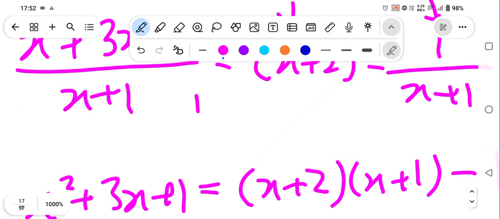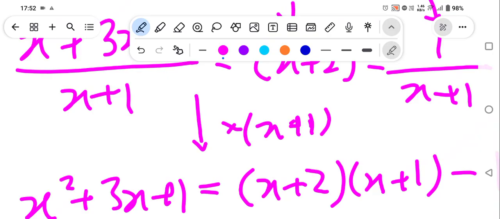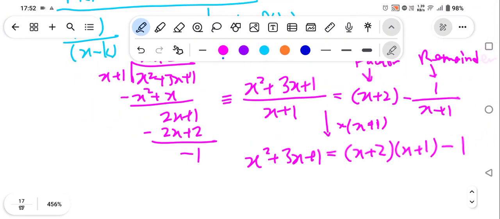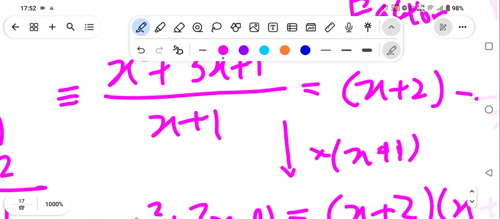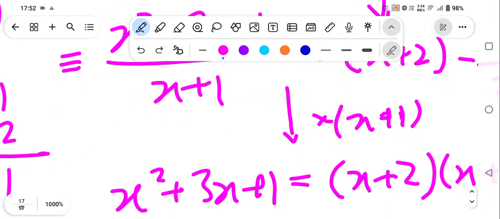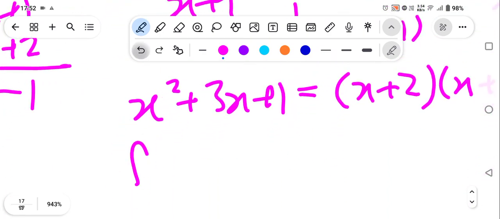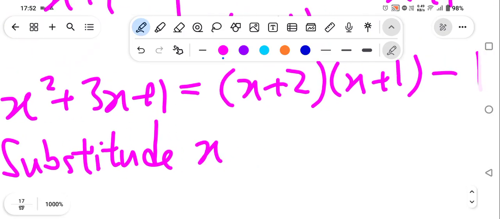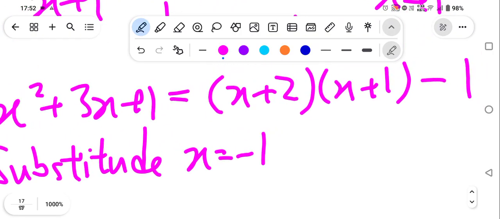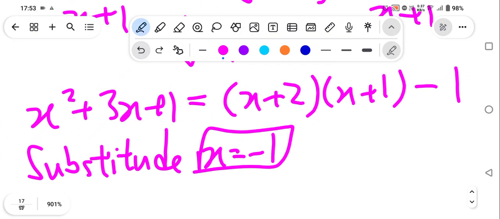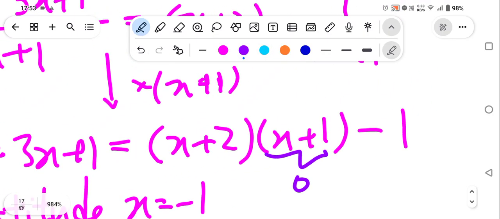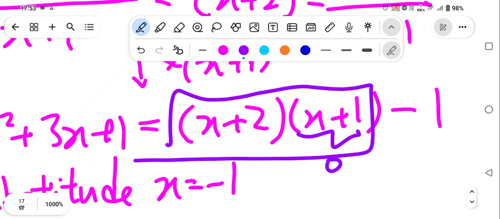We just multiply everything by x plus 1, and that's how we get the result. So what can you see here? If you substitute x equals negative 1, this term will be 0, and this term will be 0, so the whole thing will be 0.